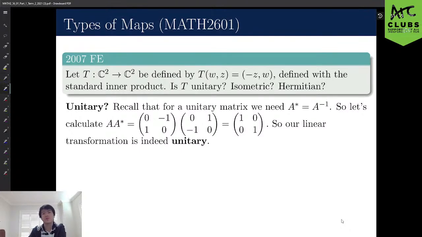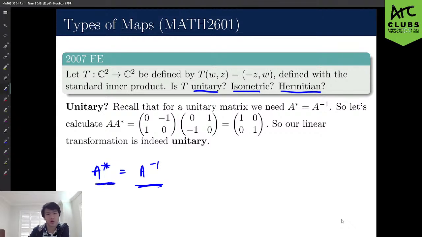Okay, so now we can go on to proving whether it's unitary, isometric, or hermitian. For a unitary matrix, we need A adjoint equals A inverse, so the inverse of A is equal to its adjoint. To prove that, we can just calculate A times its adjoint, and if this equals the identity, then they are inverses.